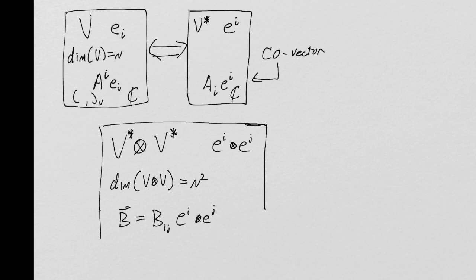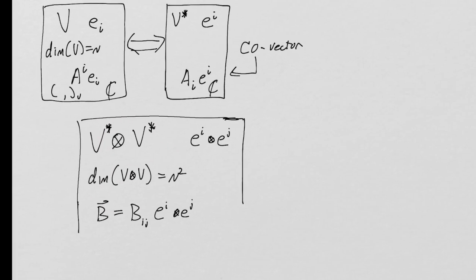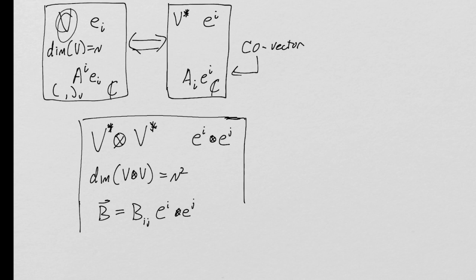Notice that our tensor product spaces, the way we've been talking about them here, right? There's 2 issues. First of all, it's all built off of the initial vector space V, right? Everything is V or V dual, but that does not have to be the case. We could have had a vector space V and another vector space W, totally unrelated.